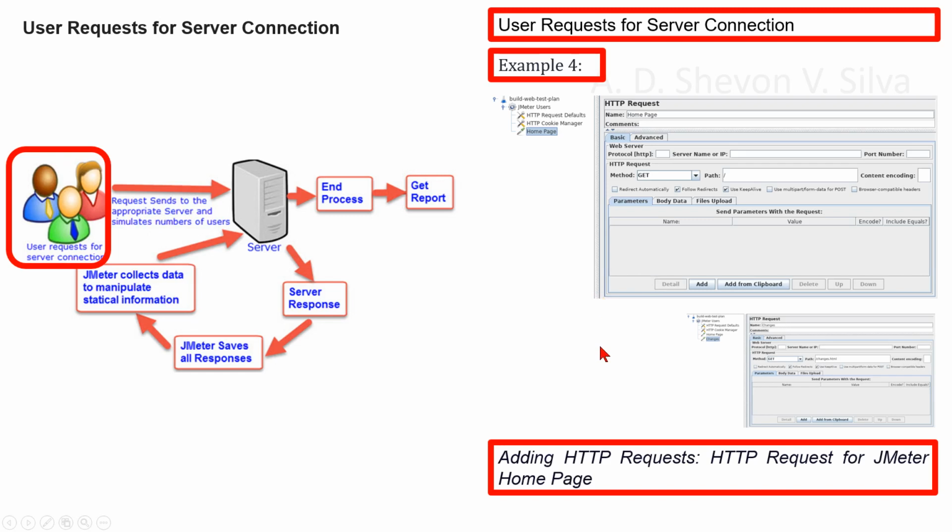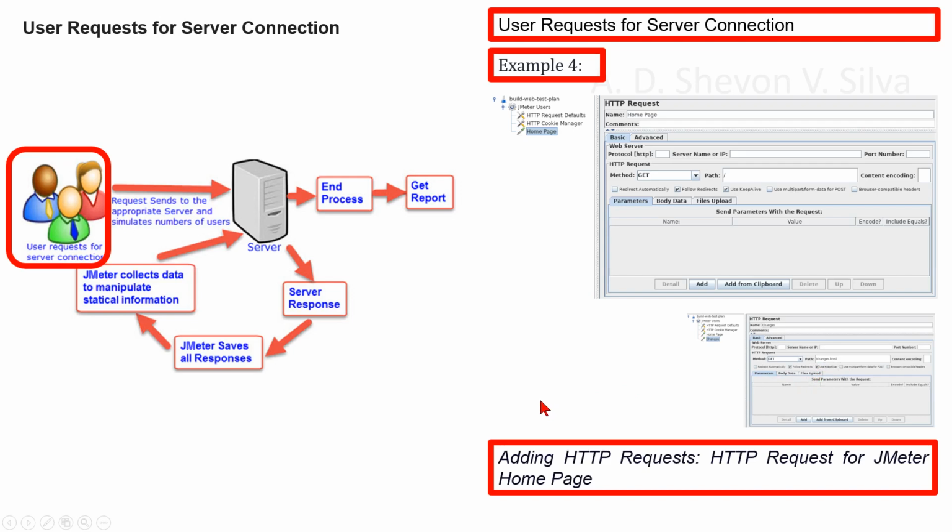The first one is for the JMeter homepage, http://jmeter.apache.org, and the second one is for the changes page, http://jmeter.apache.org/changes.html.